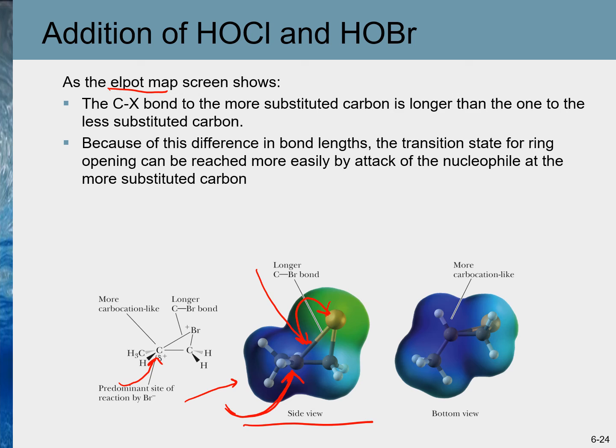So therefore, there is more positive character on the carbon atom which is present at the more substituted corner of the bridged brominium intermediate. So because of these factors, nucleophile attacks the more substituted carbon, and hence this reaction is anti-stereoselective as well as regioselective.